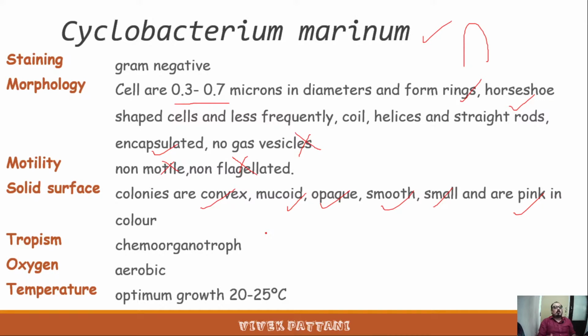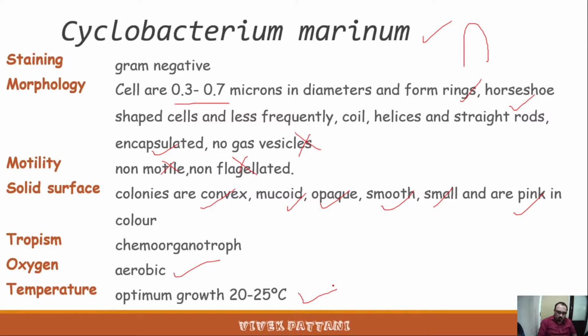These are just the colony characters you must have studied in semester 2. Now, they are chemoorganotrophs, the oxygen requirement is aerobic, and they have optimum growth at about 20 to 25 degrees Celsius.